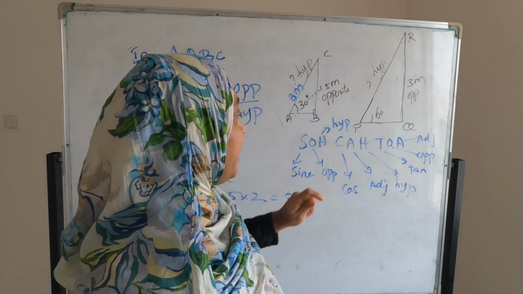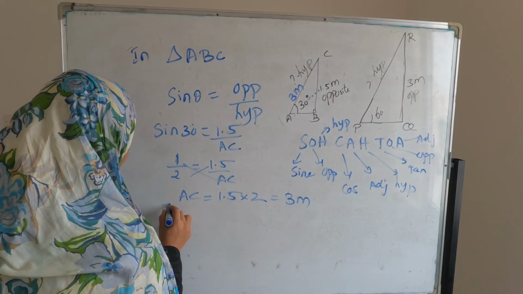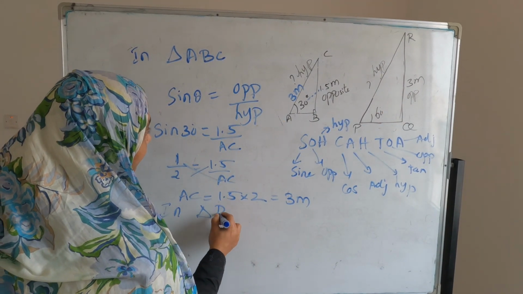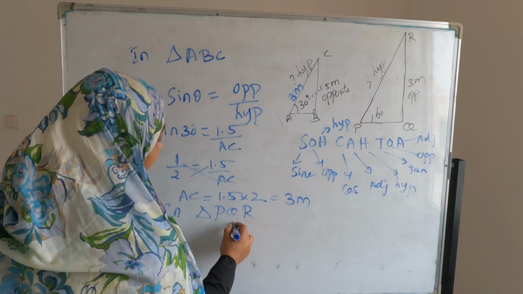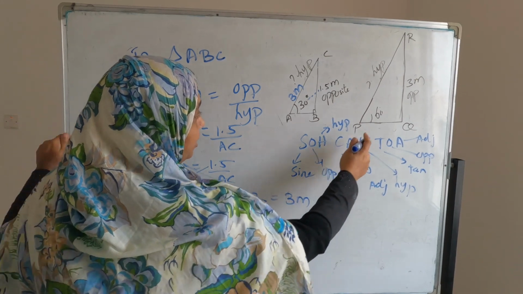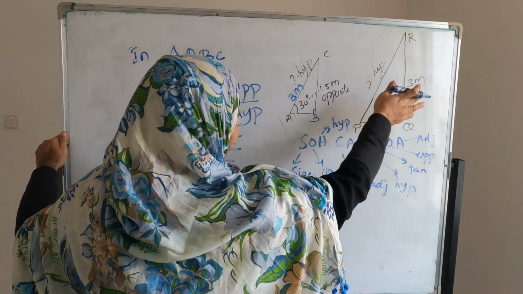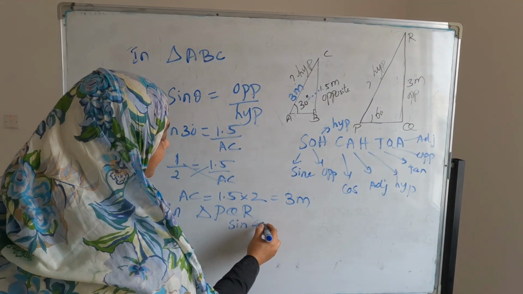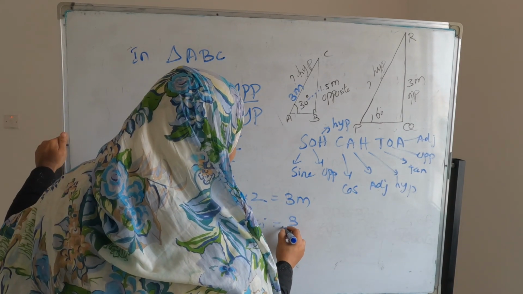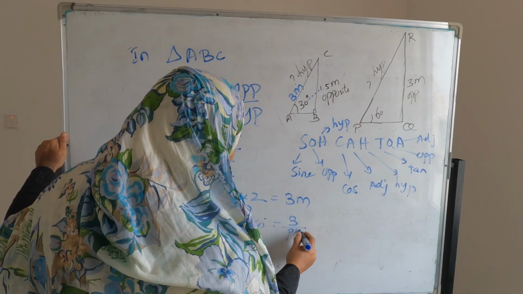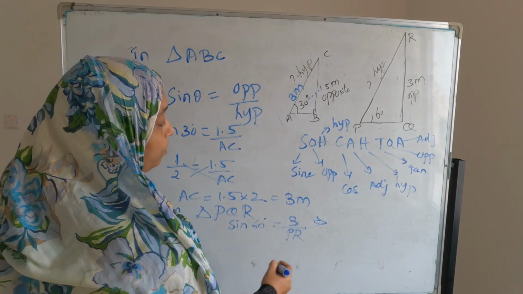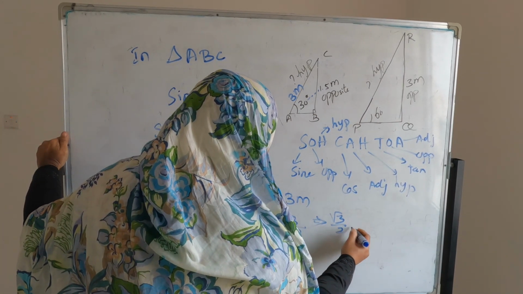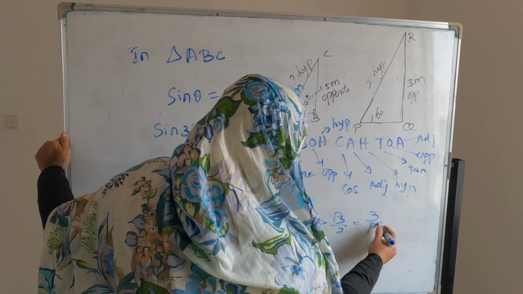So in triangle PQR, sin theta is again opposite by hypotenuse, so sin 60 degree equals 3 by PR. The value of sin 60 degree is root 3 by 2, so root 3 by 2 equals 3 by PR.